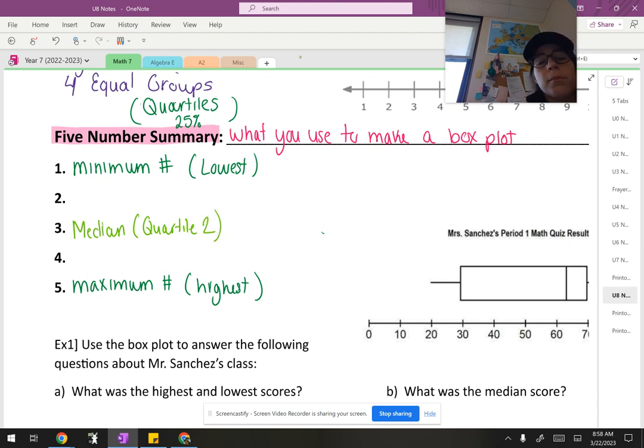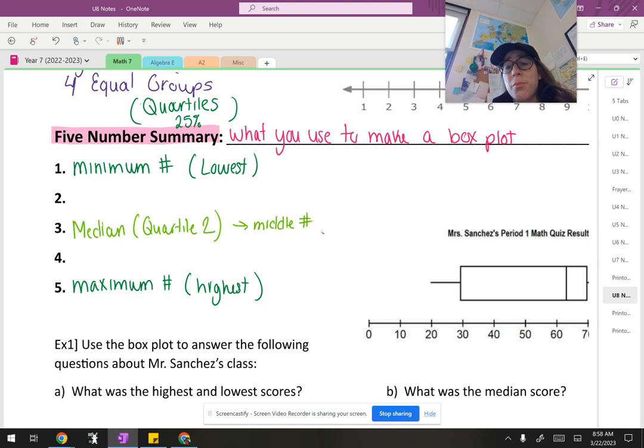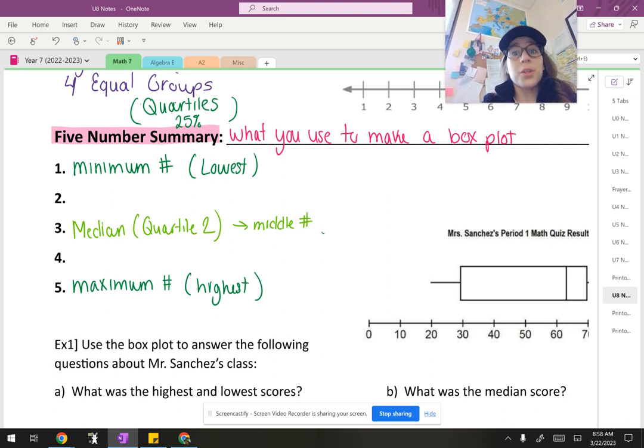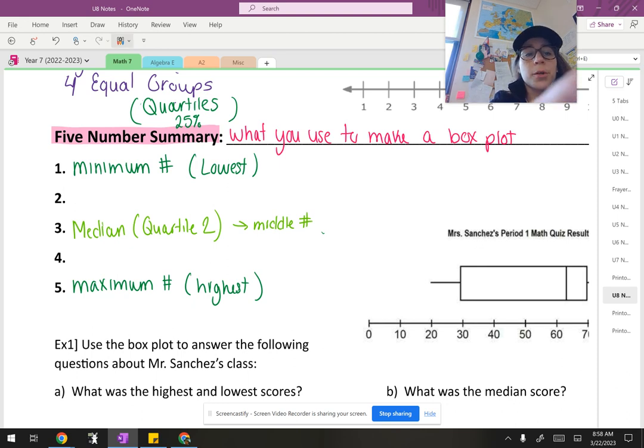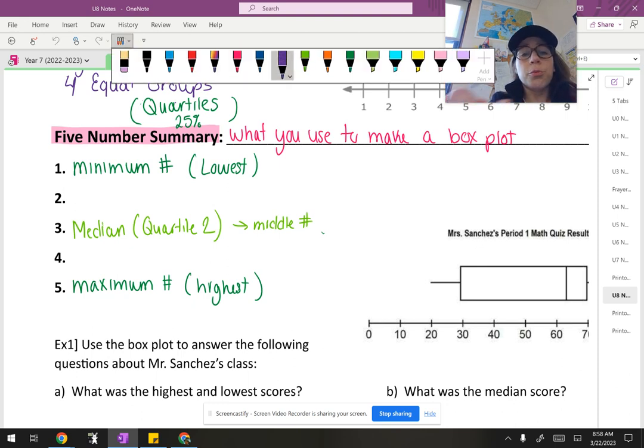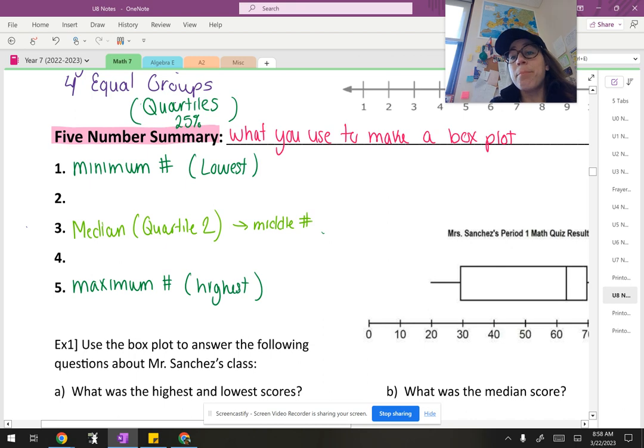And remember that median is just straight up your middle number. Making sure that you remember before you figure out what your middle number is that you put them in order from least to greatest so you get the actual middle number. And of course, if there are 2 middle numbers, you're averaging them, adding them together and dividing them by 2.